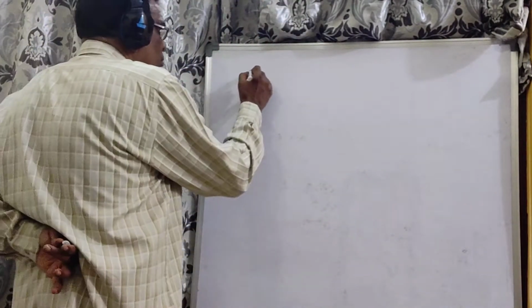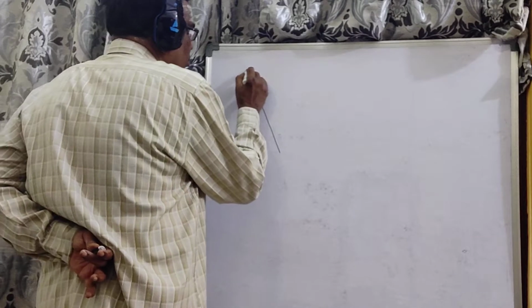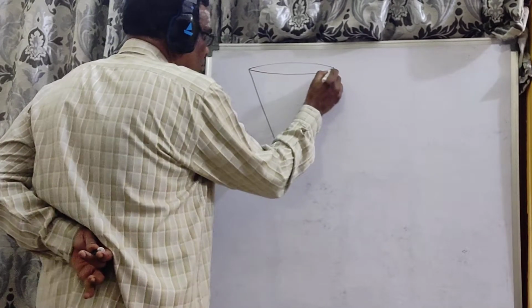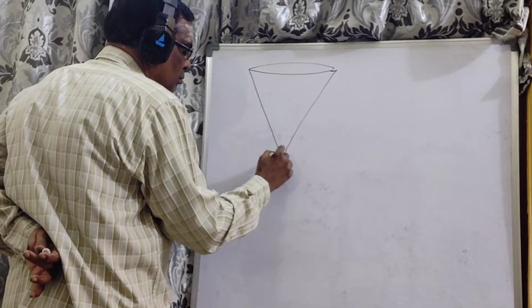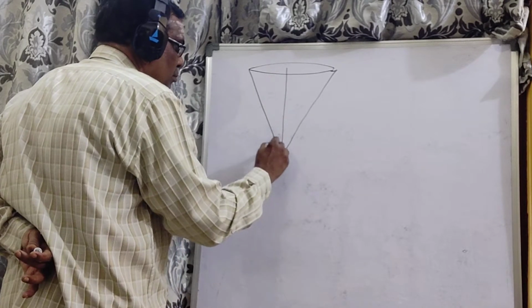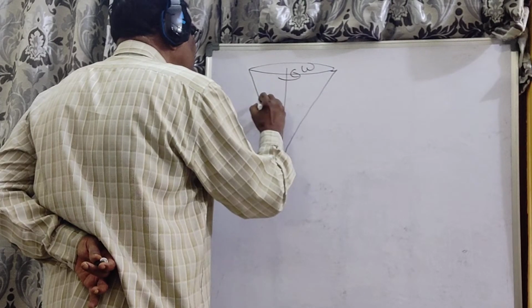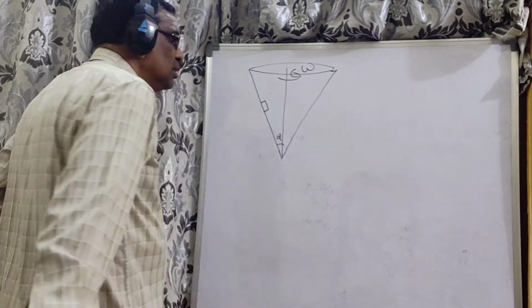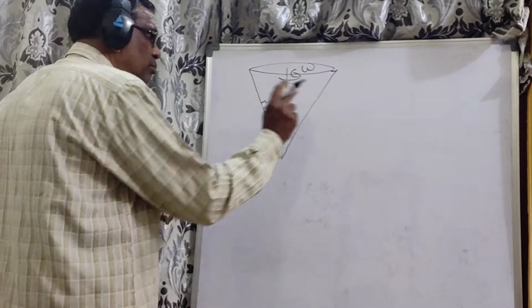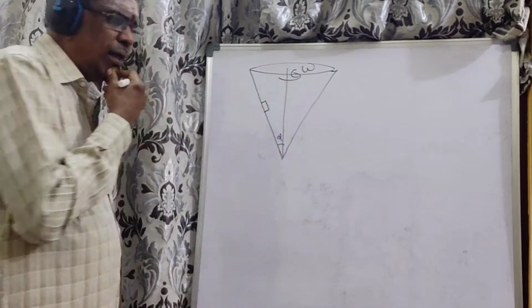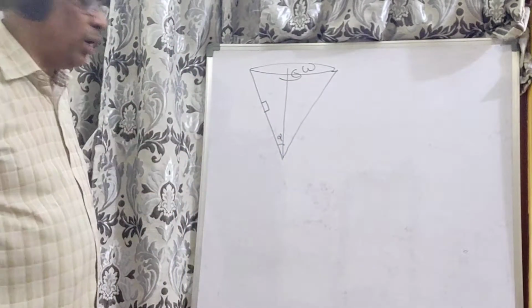Now look. Alpha is the semi-vertex angle. Let us say this is omega. Now here again there is a problem.